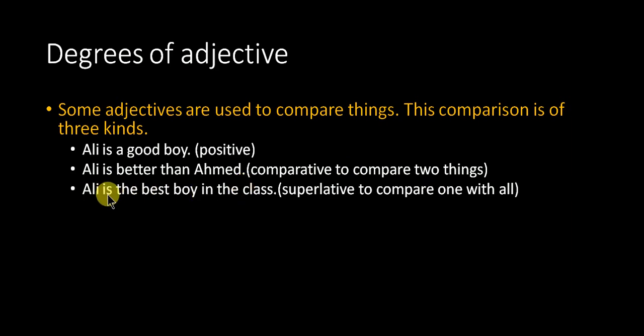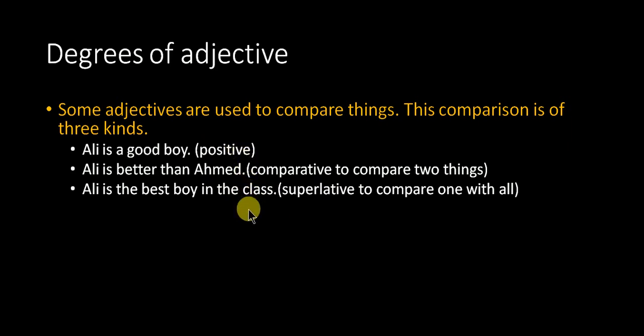In the third example, Ali is the best boy in the class. Here you have compared Ali with all the students in the class. This is called superlative degree, to compare one with all. In this way, there are three forms of degrees: comparative degree, superlative degree, and the first one is positive degree.